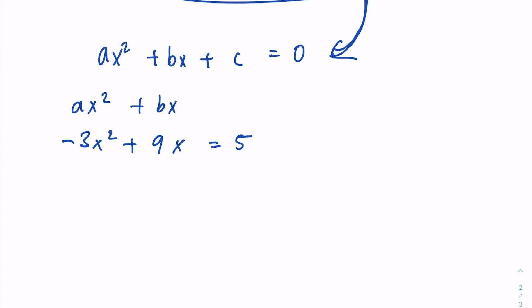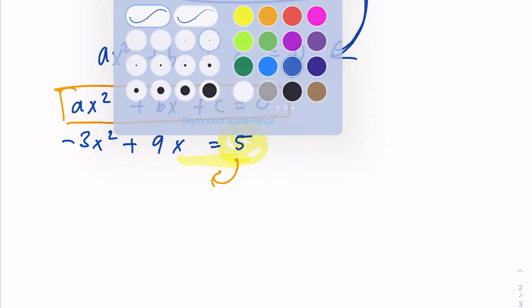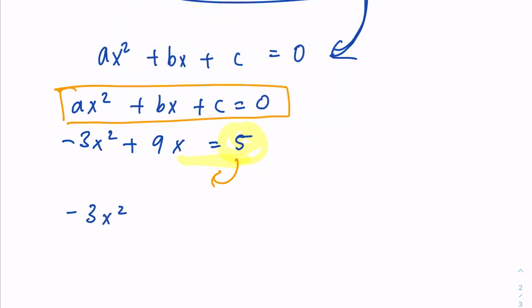Can you see that in this formula, you are missing a constant at the back? Therefore, the constant is your 5, and you want to bring the 5 over such that it is equal to this quadratic equation form. Now, you will get minus 3x squared plus 9x minus 5 equals 0.